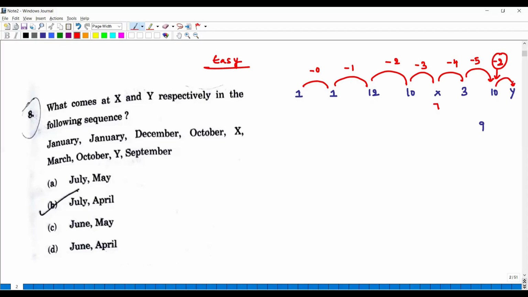So I'm supposed to do -6 here. So -6, if I do it, 10 minus 6 is 4. So x is 7, which is July. Y is 4, which is April. So the answer is B for this.